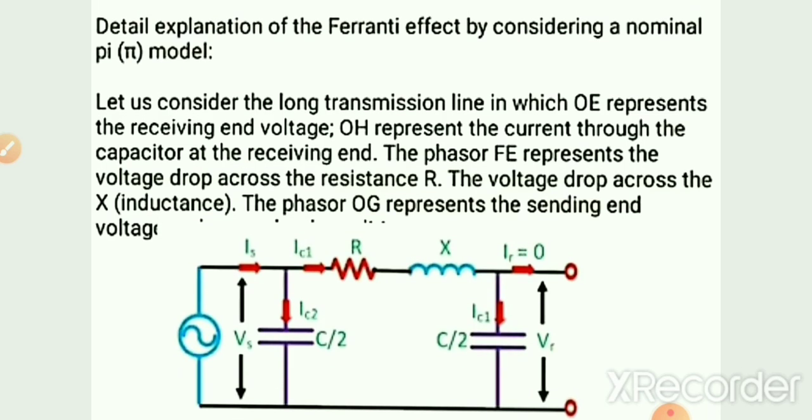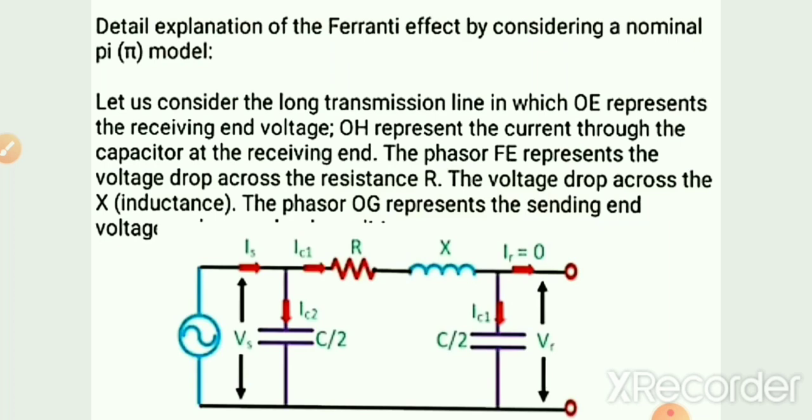So whenever we consider the Ferranti effect in a transmission line, we need to understand the transmission line. For this we consider a long transmission line. In the case of a long transmission line, the length is around 200 kilometers and the voltage level is also very high.